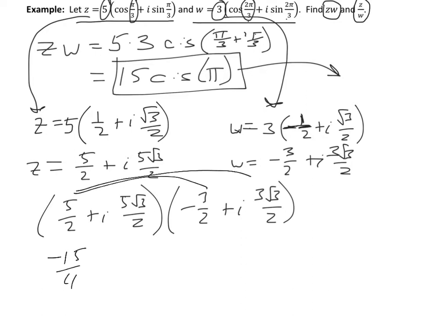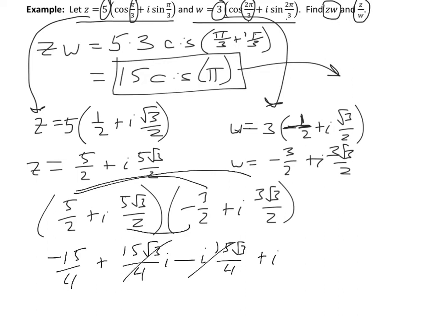These two will be plus 15 root 3 over 4 i. This and this is negative i times 15 root 3 over 4. Oh, that's neat. So those drop out. And then I get plus i squared. The 5 times the 3 is 15. The root 3 times root 3 is 3 over 4. The i squared we know is negative 1.